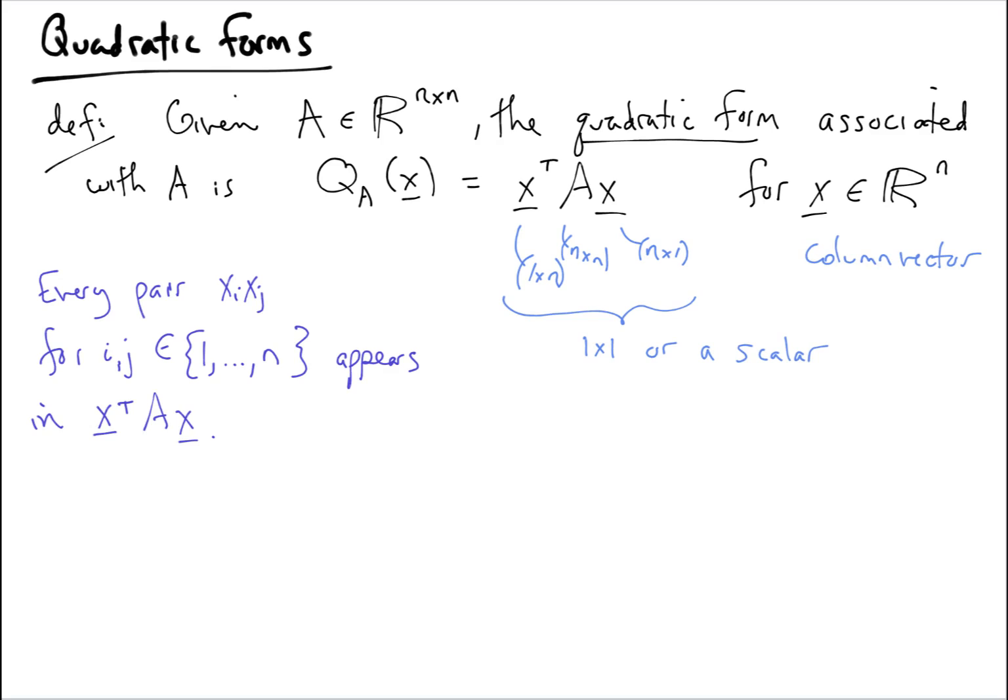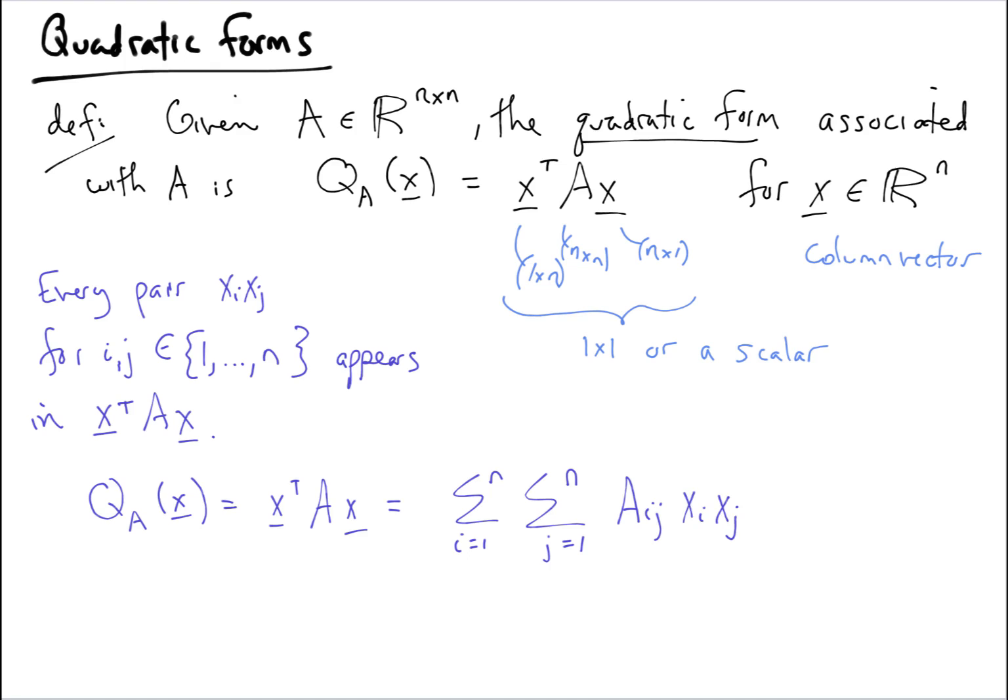More specifically, it can be written as the double sum i equals 1 to n, sum j equals 1 to n of aij xi xj. So again, every pairing of xi and xj appears here, and each such pairing has coefficient aij. In this way, this is a quadratic expression in the entries of x.